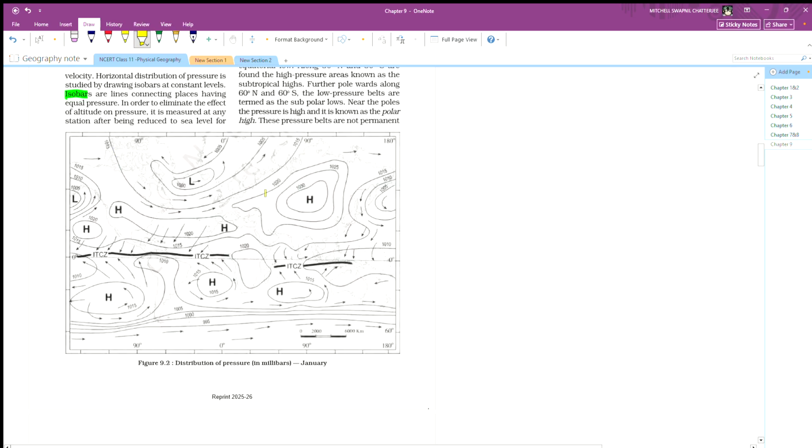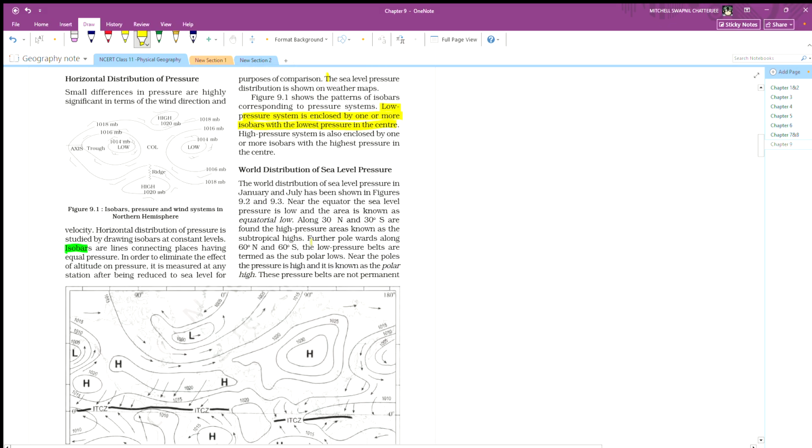This is the highest one. Now we get to learn this is 1000. Well, this I have not understood. This high pressure system is also enclosed by one or more isobars.